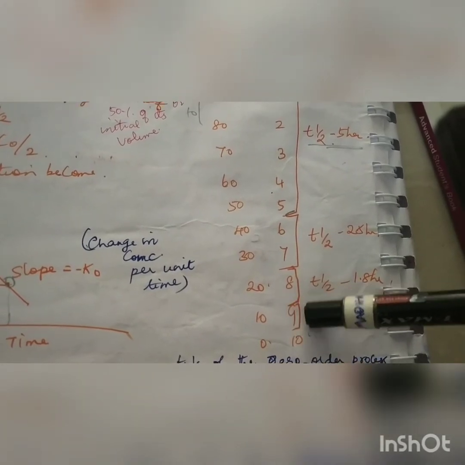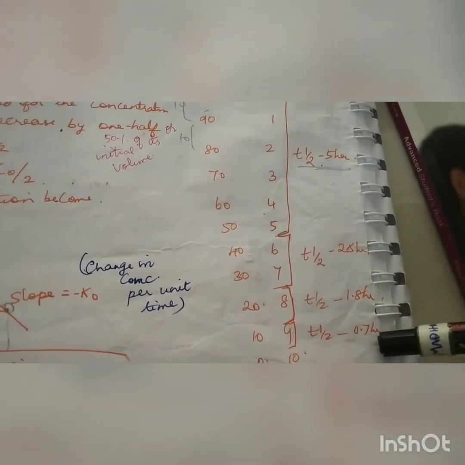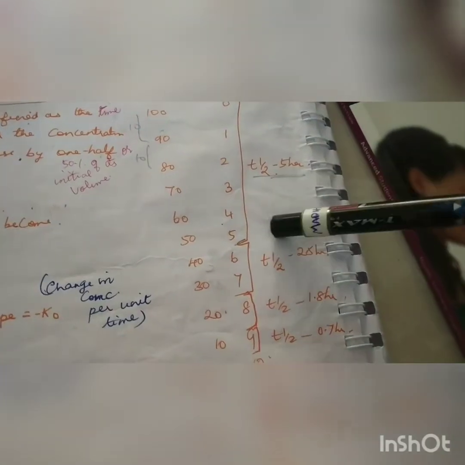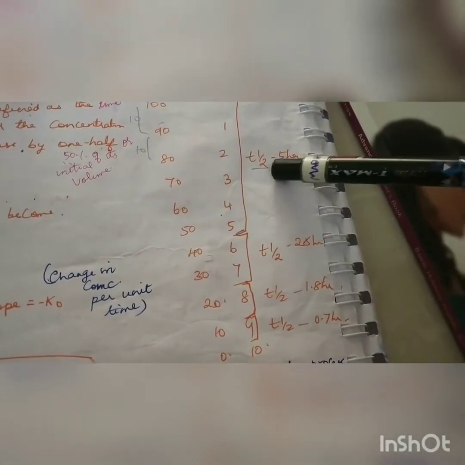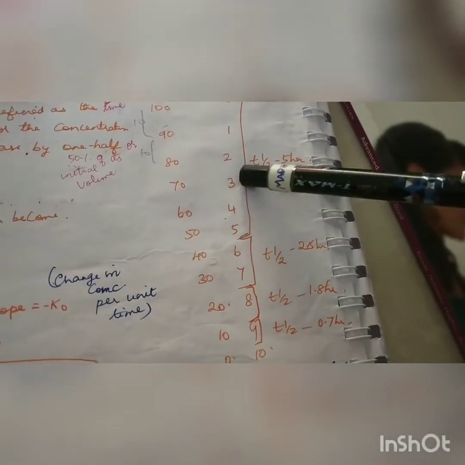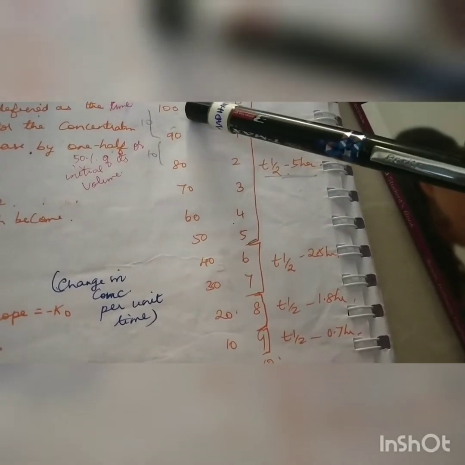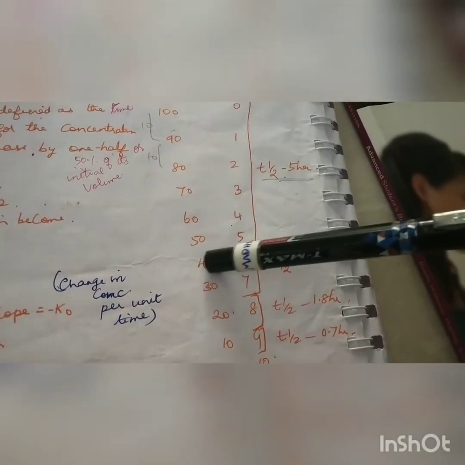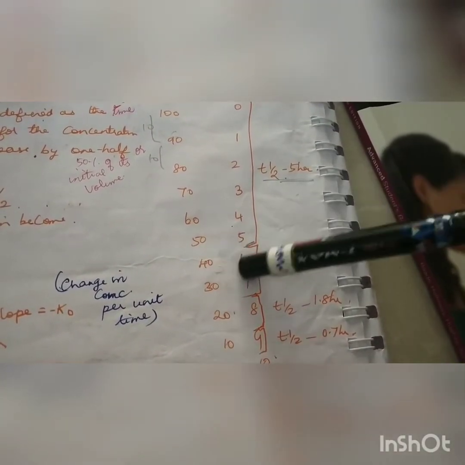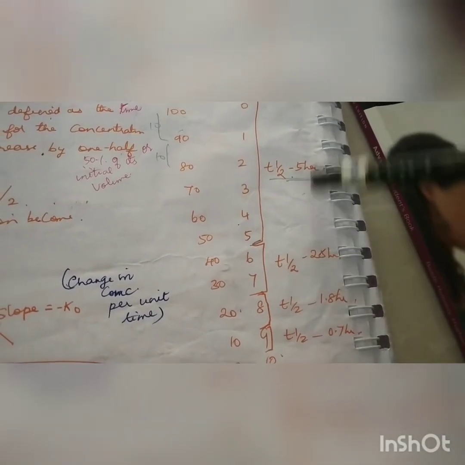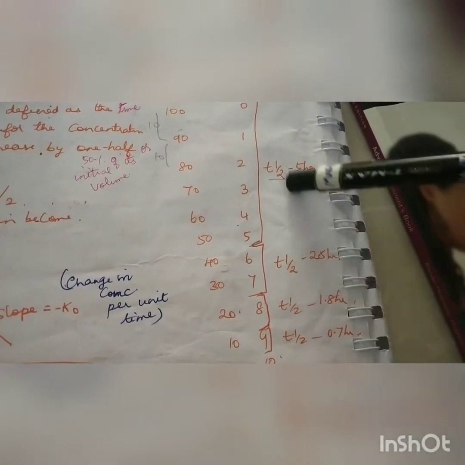And 12 to 6, it will take a shorter time. If you look at this half-life, the time period of elimination differs: when the drug goes from 100 to 50, it will take 5 hours, and from 50 to 25, it will take 2.5 hours. The time period differs for each half-life, right?